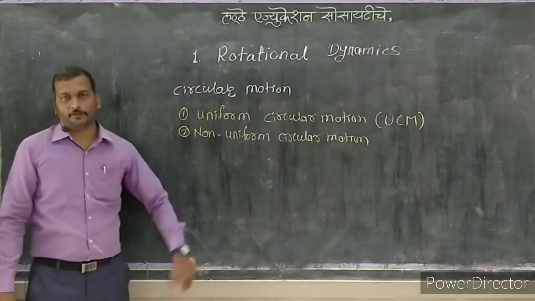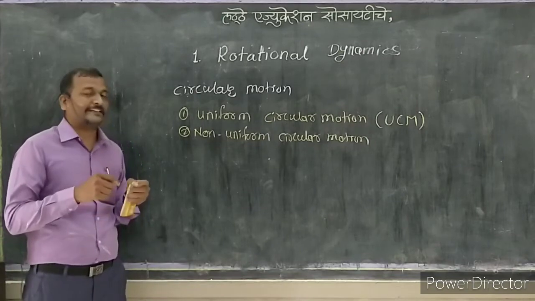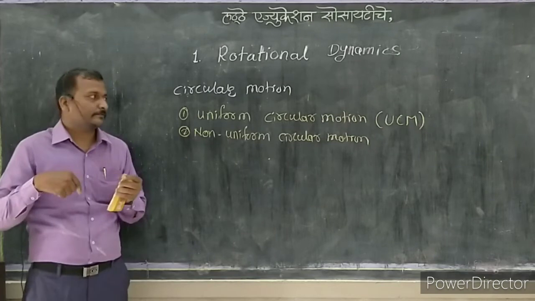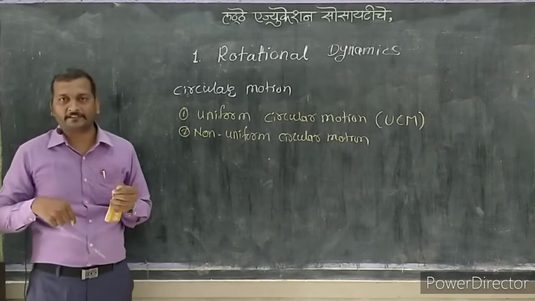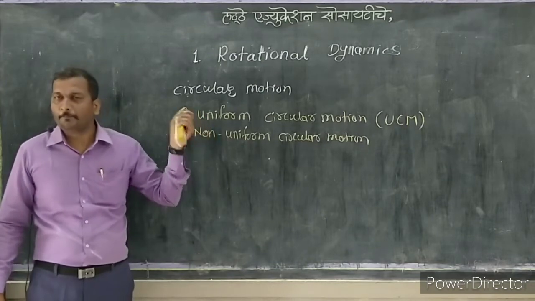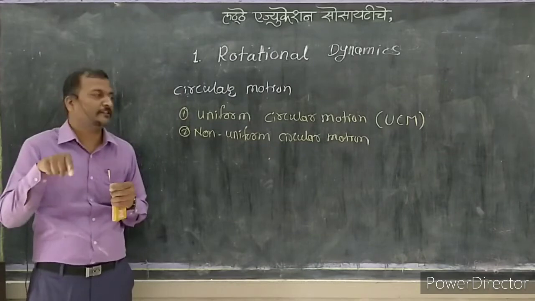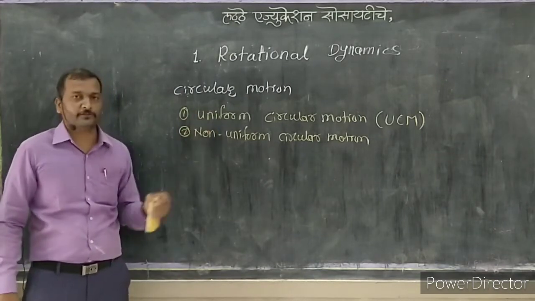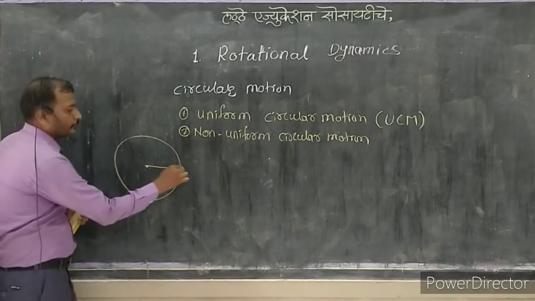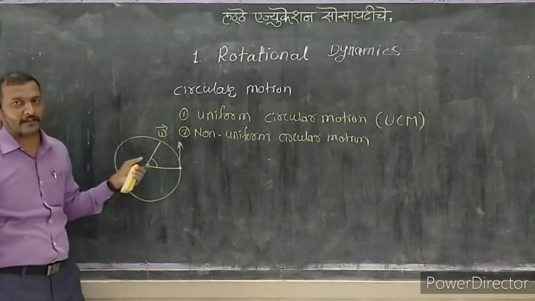Uniform circular motion means the particle completes a circle in equal intervals of time. The particle moves with constant speed or constant angular velocity omega.